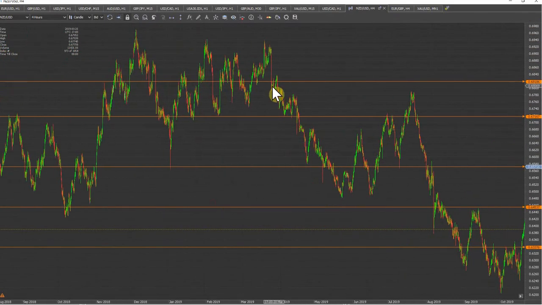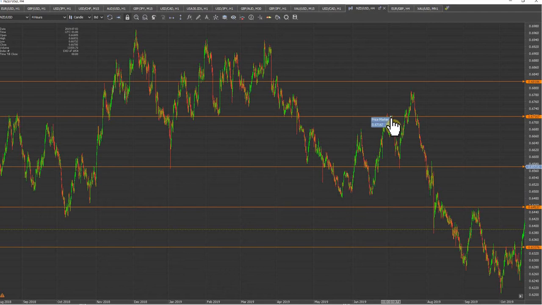Here price is rejected at the key level, tests the next key level, is accepted, is rejected again, so price tests the next key level. Okay, price is rejected before it reaches this key level and retests the key level up.